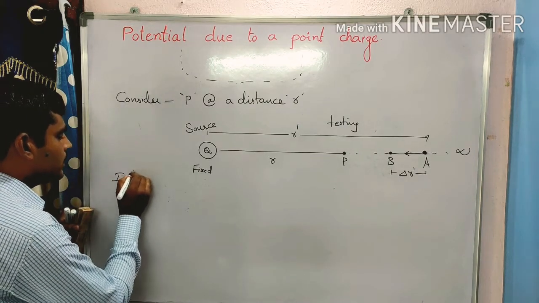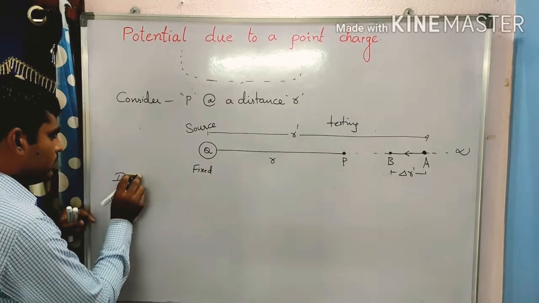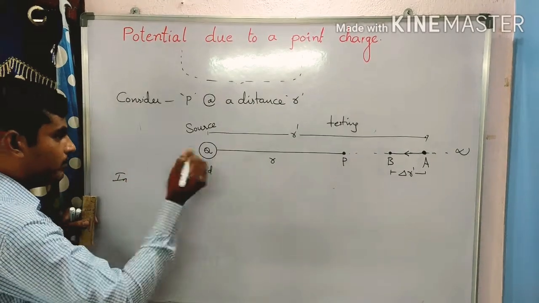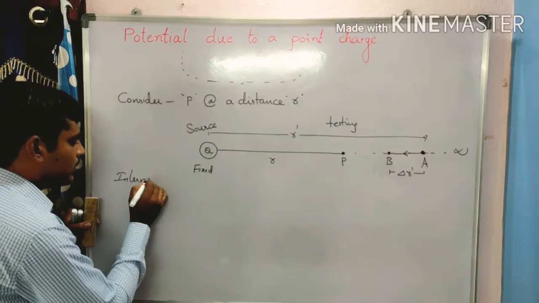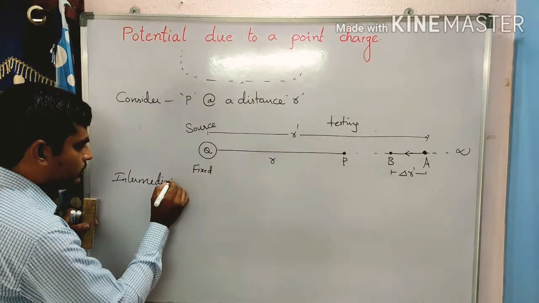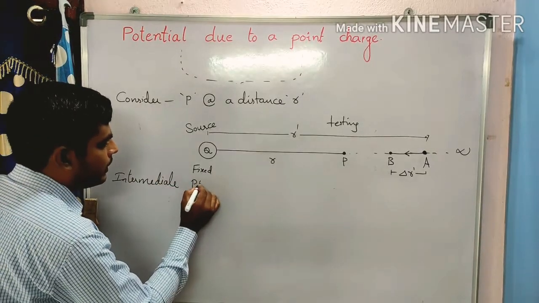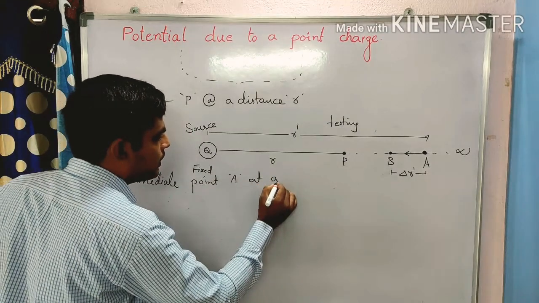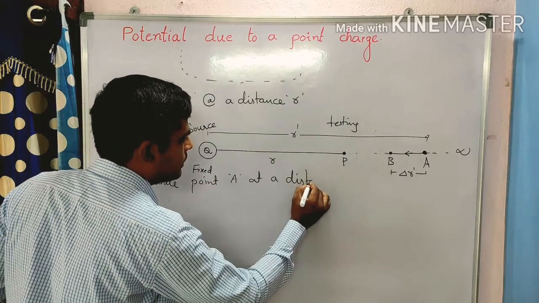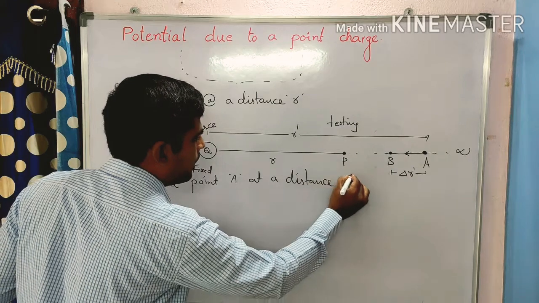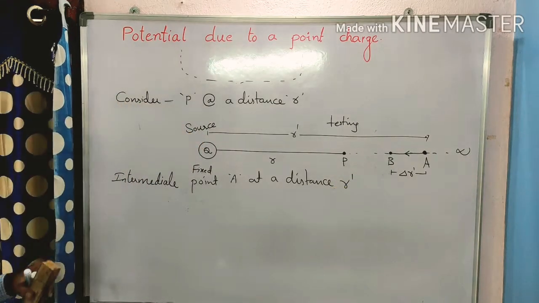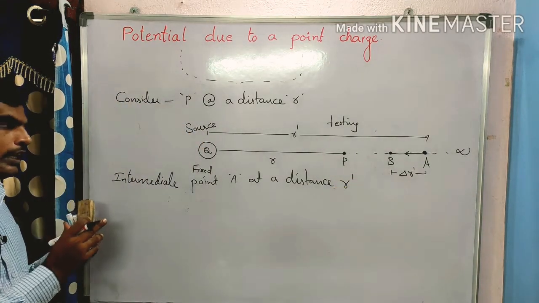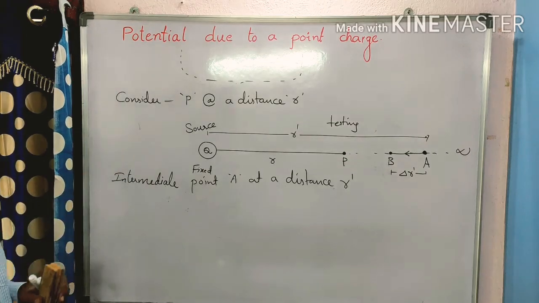Take an intermediate point between that infinity and P, intermediate point A at a distance r dash, right?